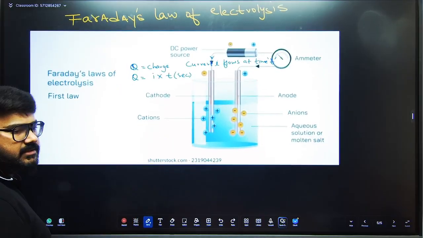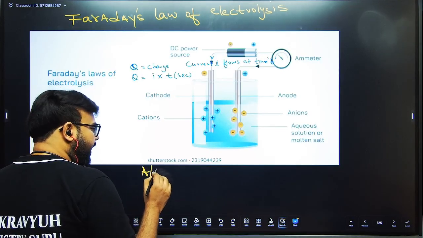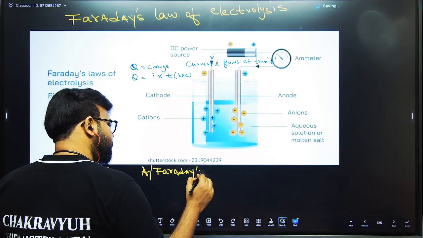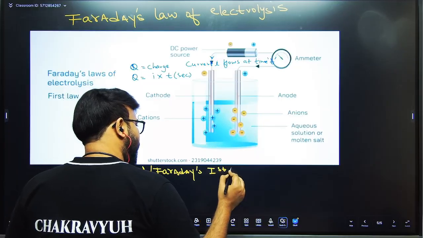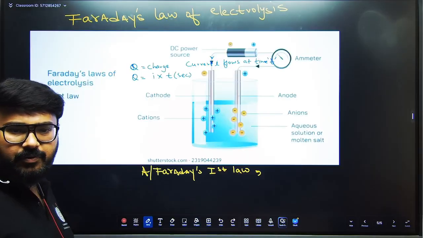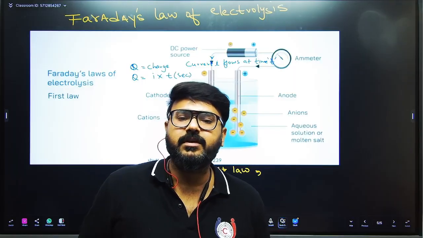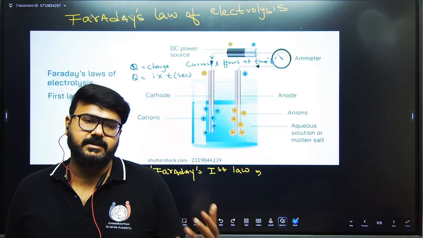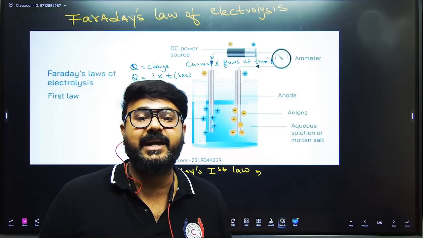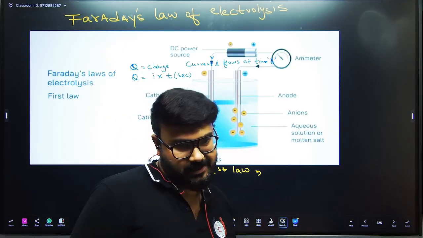Also remember this. What is Faraday's first law? According to Faraday's first law, whatever amount of current you pass at time t, the mass deposited or liberated at cathode or anode will be proportional.